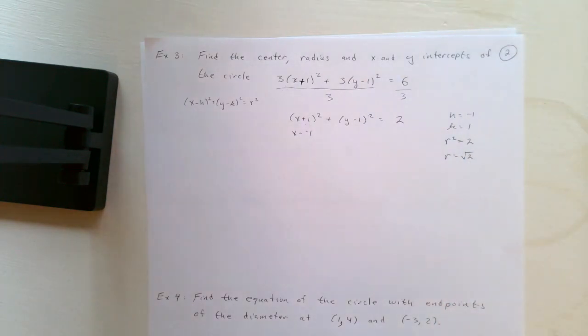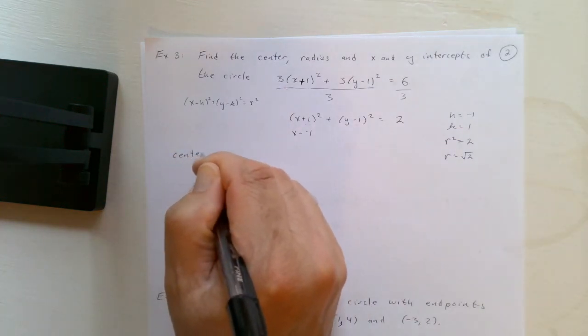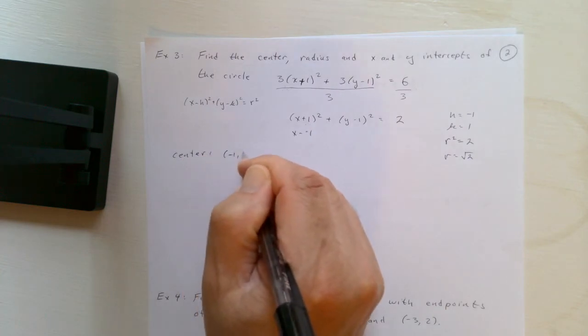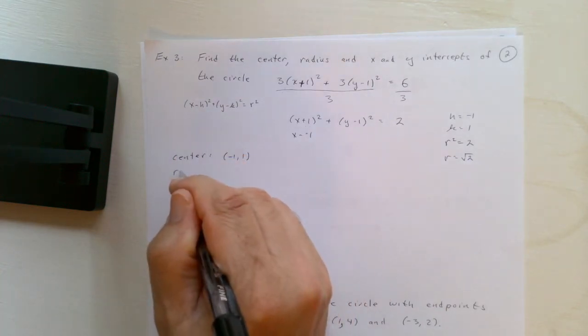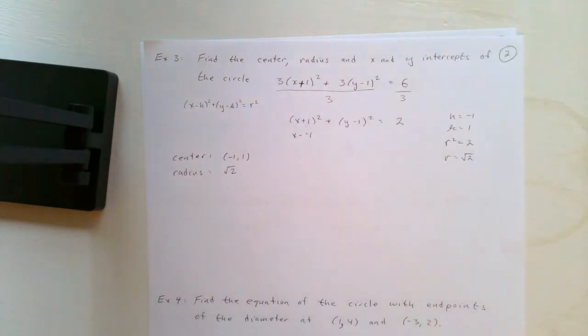Okay, yes, we will be dealing with square roots in this class. All right, so our center is the point (negative 1, 1), and the radius is the square root of 2.